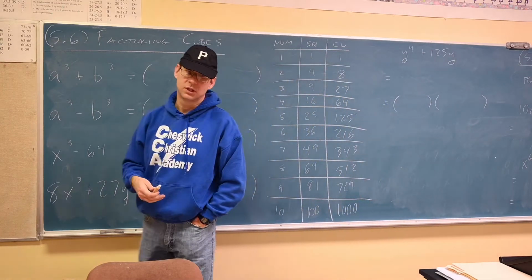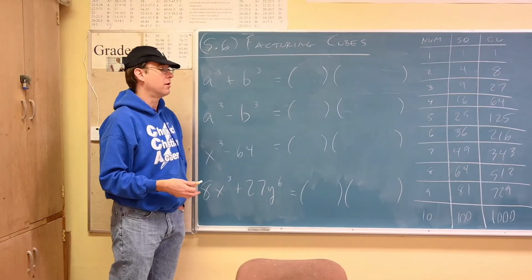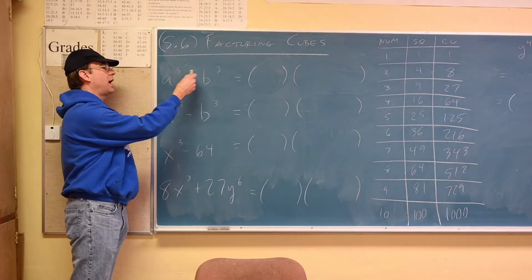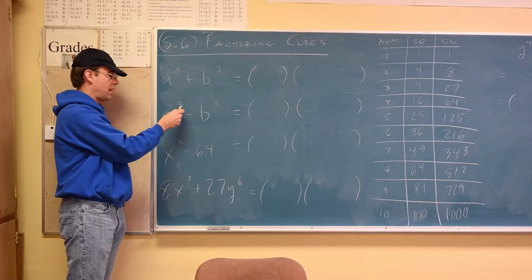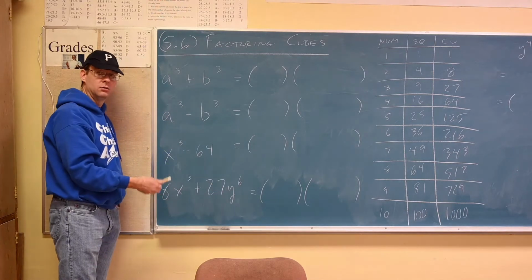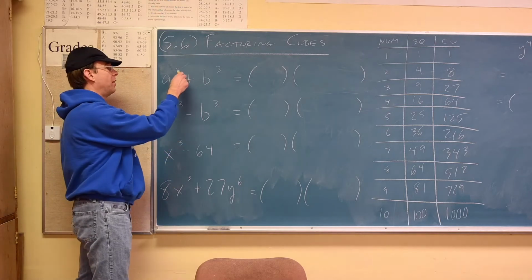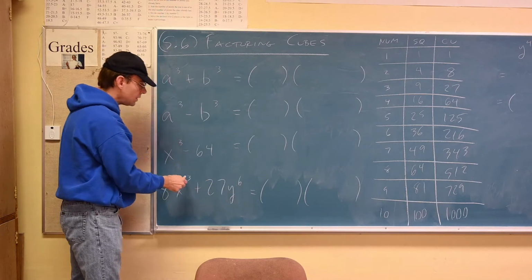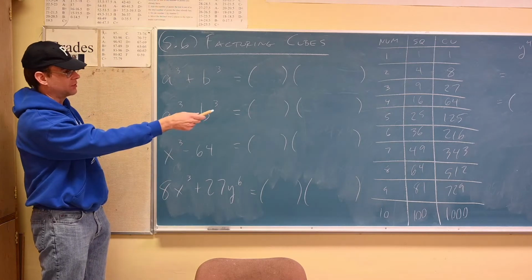Factoring cubes is going to be based off of a pattern. How you know you have a cube problem is that the powers have to all be divisible by 3, whether they're 3s or something that 3 can go into, like 6, 9, 12, whatever. The powers all have to be powers that we can divide by 3. And then the numbers have to be numbers from our cube list.